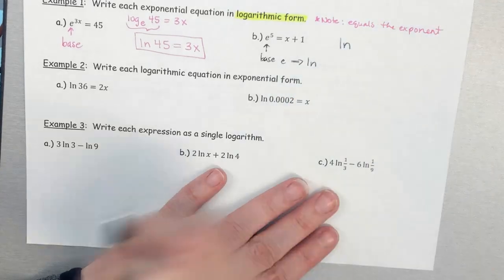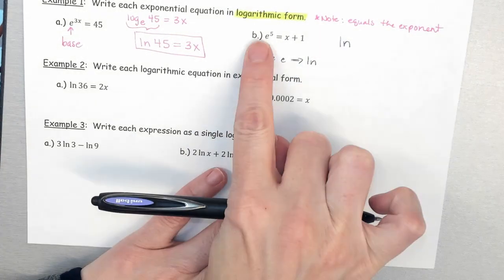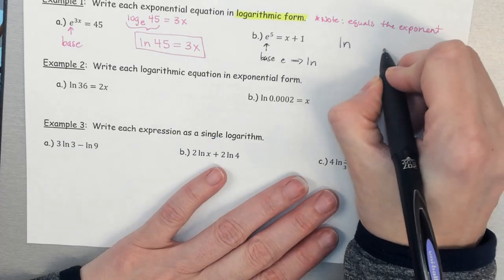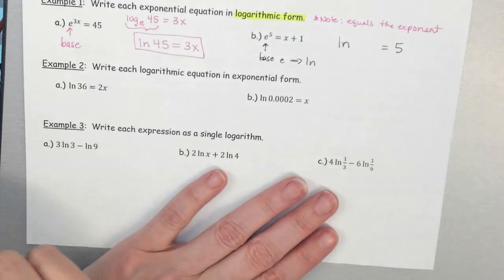This means your base is e. I told you that it was equal to the exponent, so it should be equal to 5.